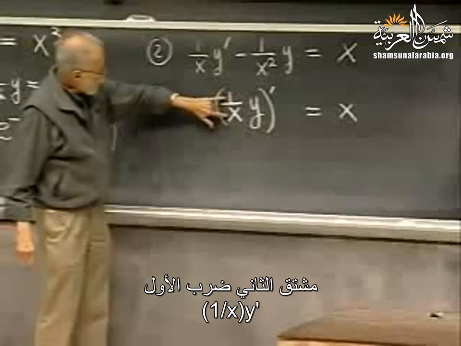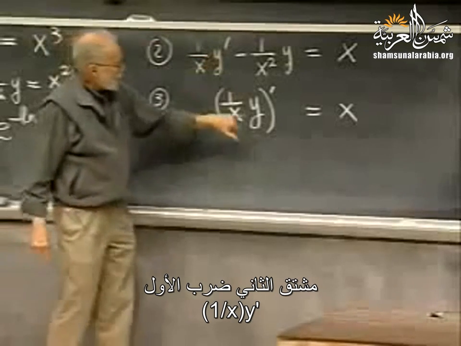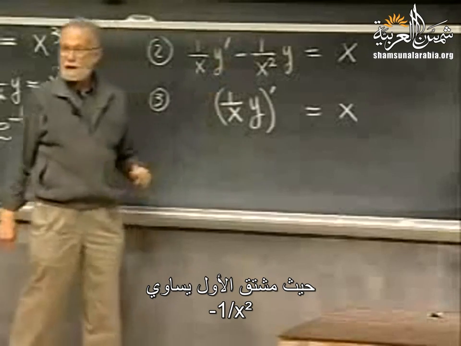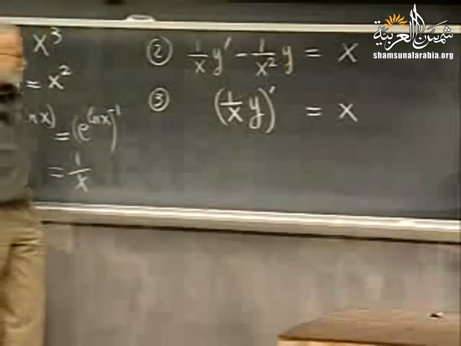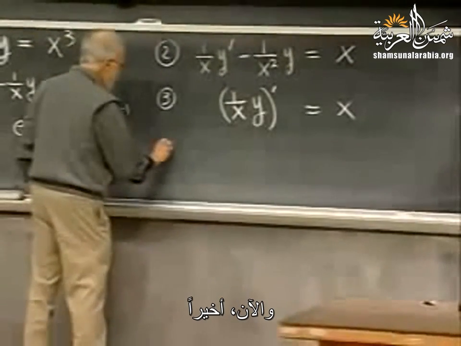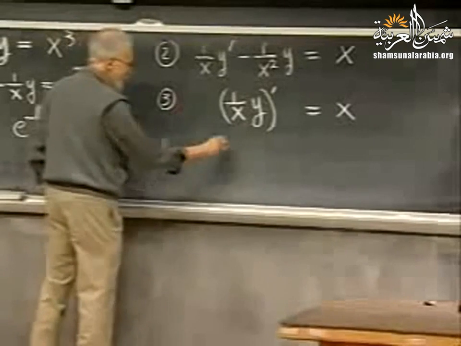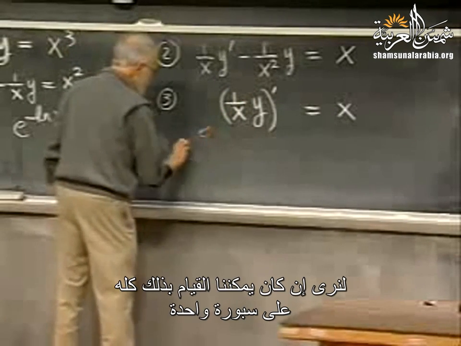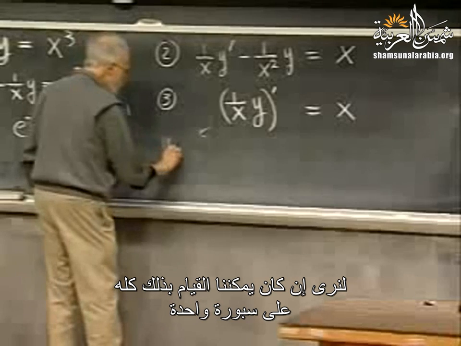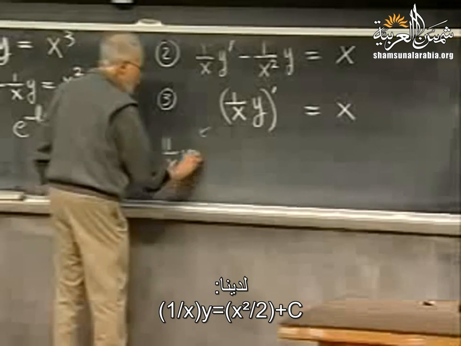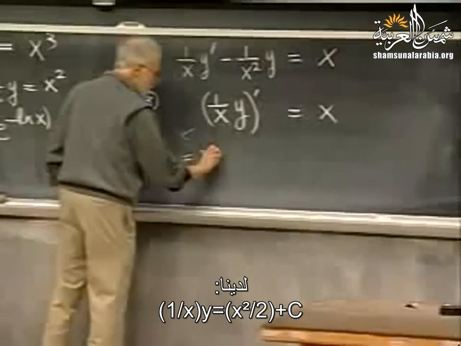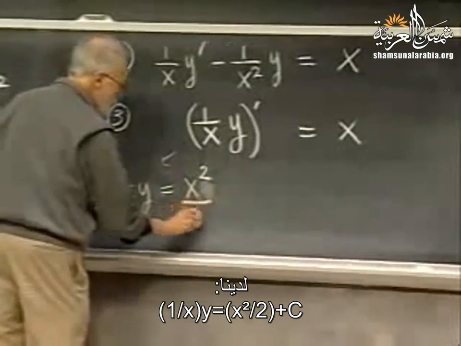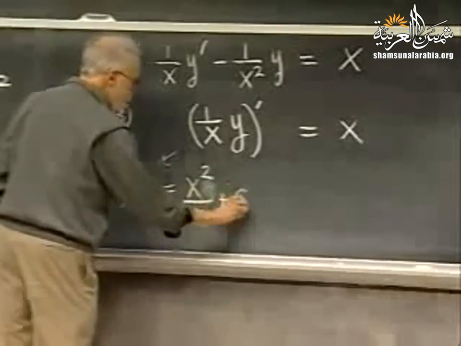So what do we get? 1 over x times y prime plus y times the derivative of 1 over x, which indeed is negative 1 over x squared. And now finally, that's 3a. Continue, do the integration. So you're going to get 1 over x times y is equal to x squared over 2 plus a constant.